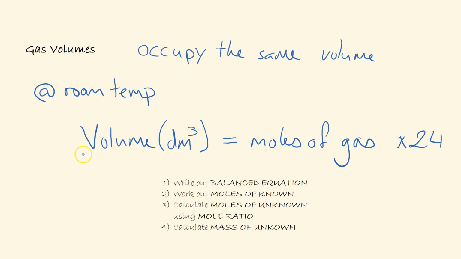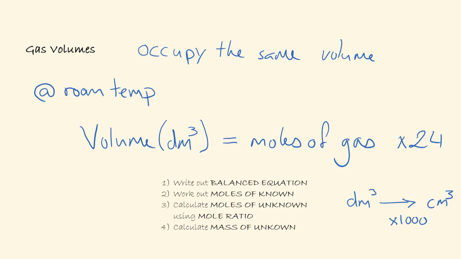If we're wanting to do that with centimeters cubed, or if we're asked to find out things in centimeters cubed, then we would have to multiply our answer by 1000. So there is our conversion. If we want to go from decimeters cubed to centimeters cubed, we multiply by 1000.